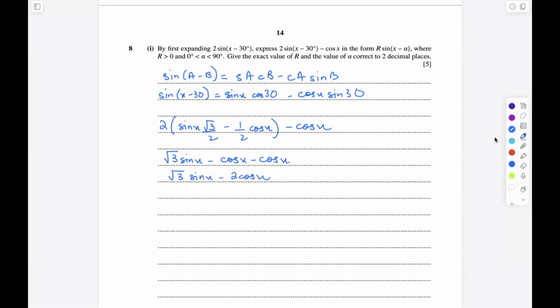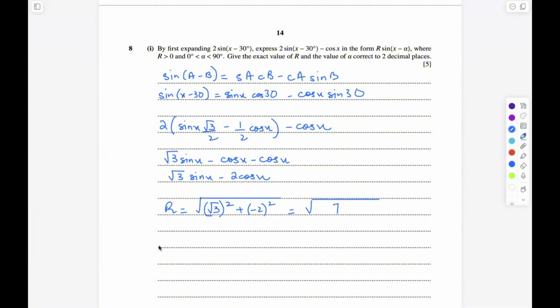Now, as we have to express this in the form r sine of (x minus alpha), to find r, we take the square root of the sum of the squares of the coefficients of sine and cos. So this will become root of (root 3) squared plus (minus 2) squared. Simplifying this, we'll get root of 3 plus 4, so that will become root 7.